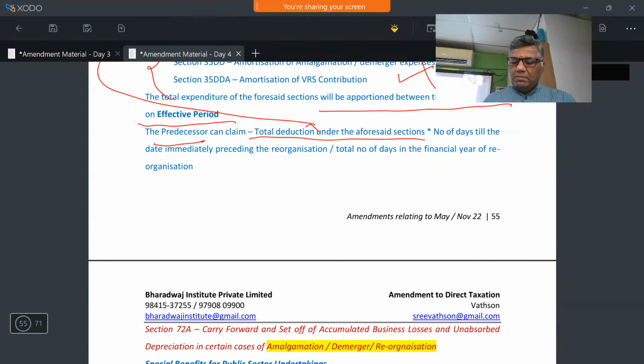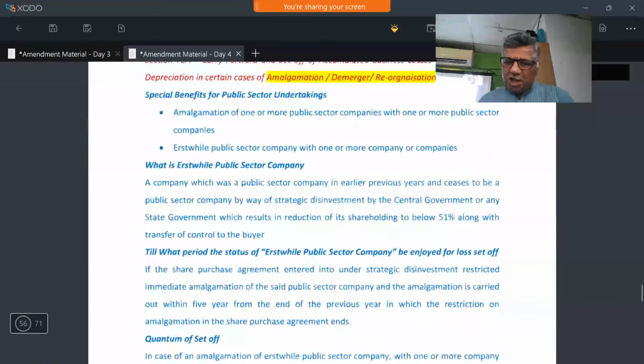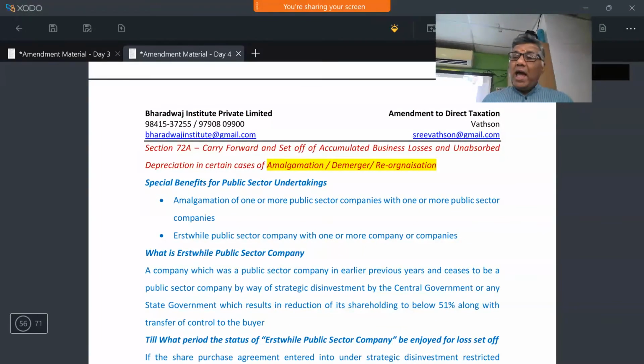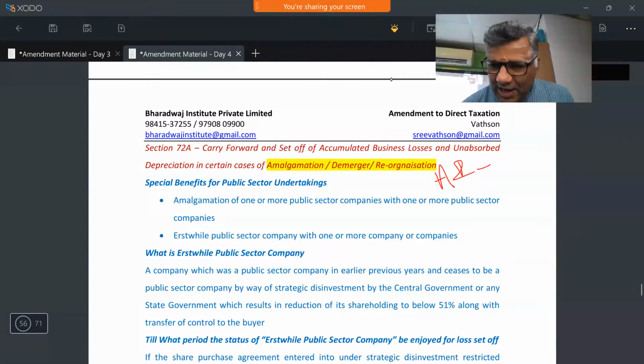Next comes section 72A. This is also carry forward of business loss and unabsorbed depreciation in the case of amalgamation or demerger. I told you this is for Air India, LIC, such entities.